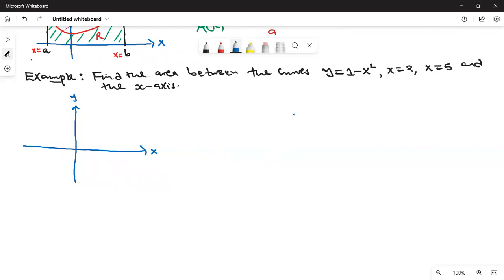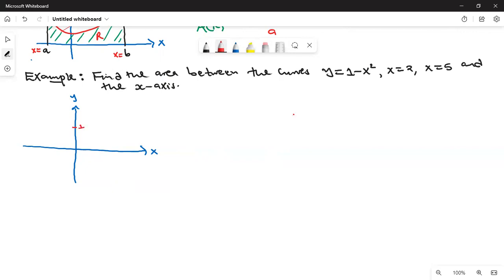Which graph is that one? It must be concave down. The y-intercept is 1, and the x-intercept is what? Just find the intercept. Y-intercept is 1, so I know it will be at point 1 here. What about the x-intercept?